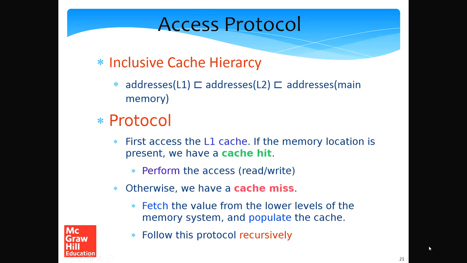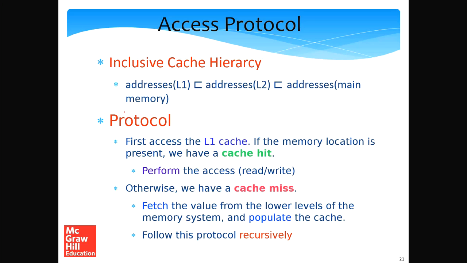So let's now discuss the access protocol and also the way that we organize our hierarchy of caches. Typically we consider an inclusive cache hierarchy. This means that the L1 cache contains a subset of addresses that are there in L2, and the L2 cache contains a subset of addresses that are there in main memory, which contains all the addresses.